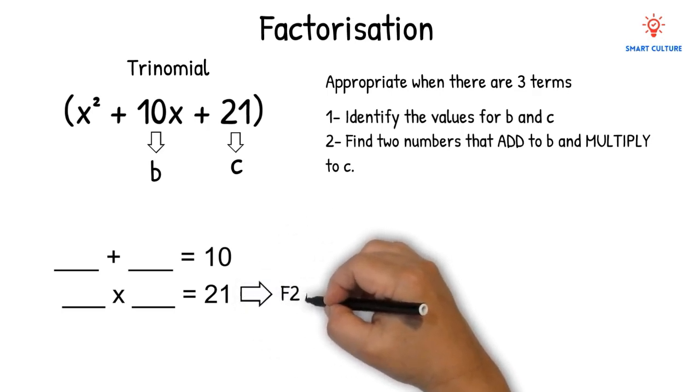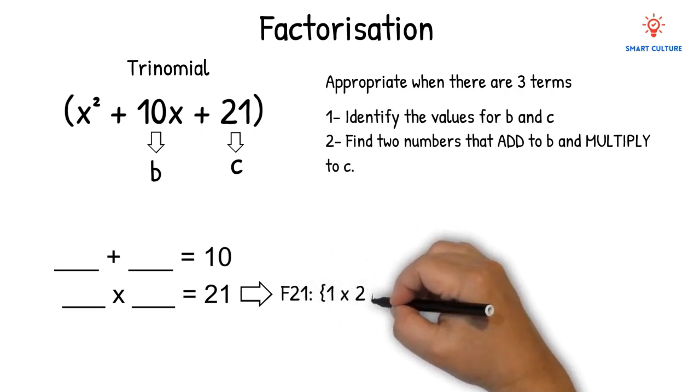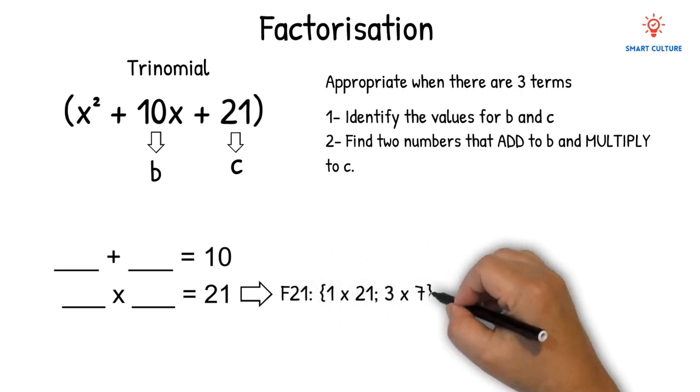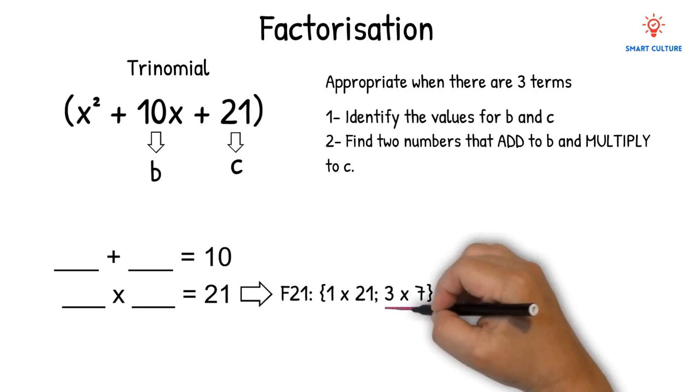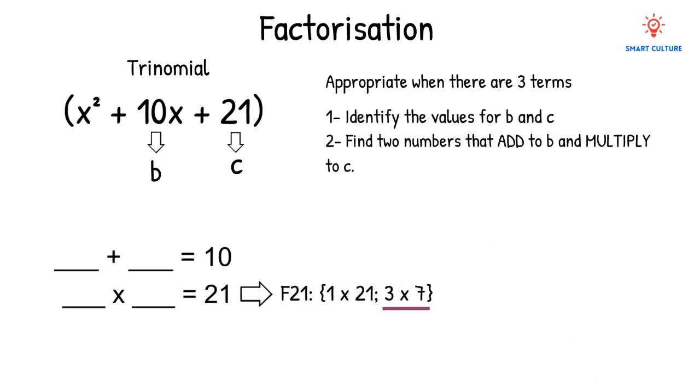Let's start by writing the factors of 21. That would be 1 times 21 and 3 times 7. Now, which of these two pairs, if we add them together, would give us the value of 10? That would be 3 and 7. And those are the factors we are going to put in our brackets.